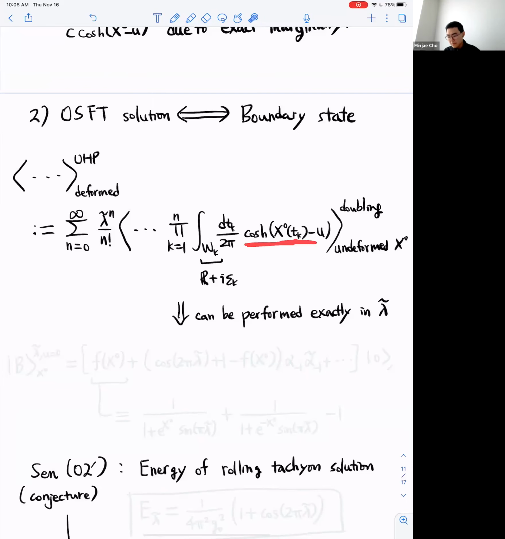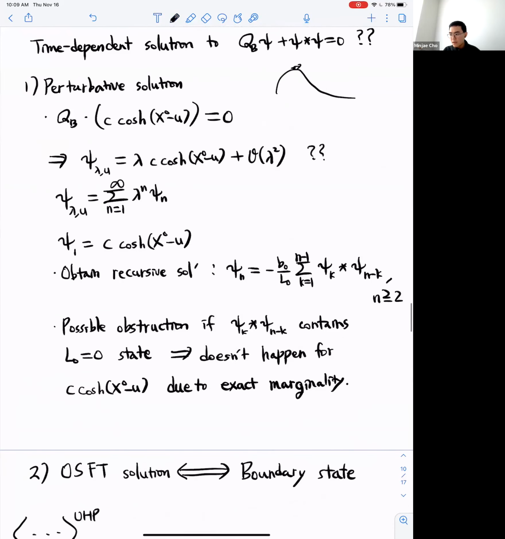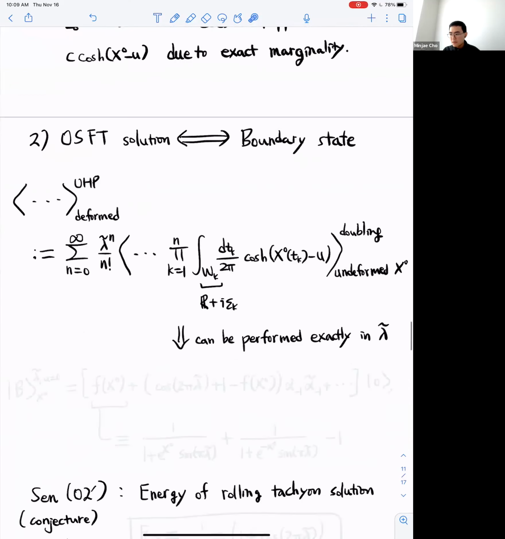Okay, this is conformal perturbation theory. We have to insert infinitely many of them, order by order in some parameter I'm calling lambda tilde. Now this lambda tilde, compared to the previous parameter lambda, they are related to each other, but they are different. Lambda tilde agrees with lambda at the leading order, but it differs at the subleading orders.